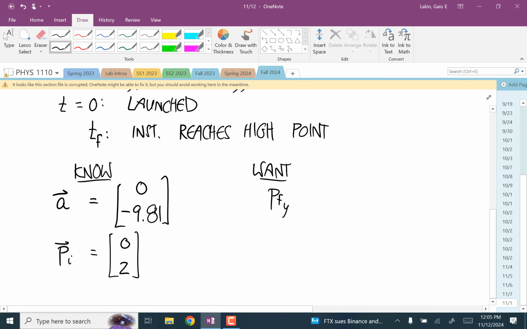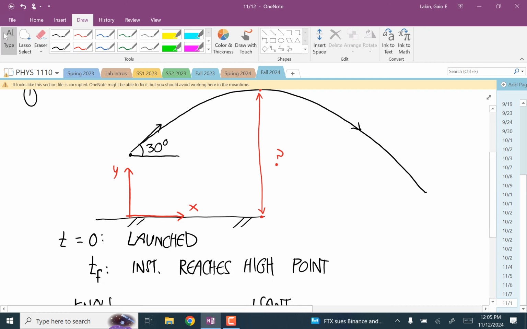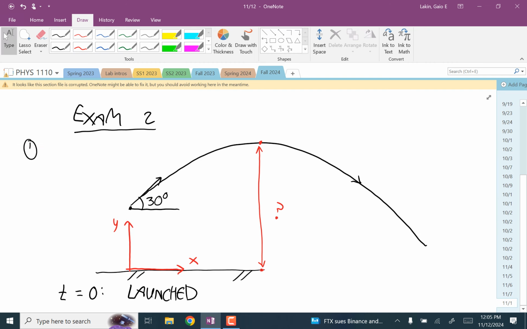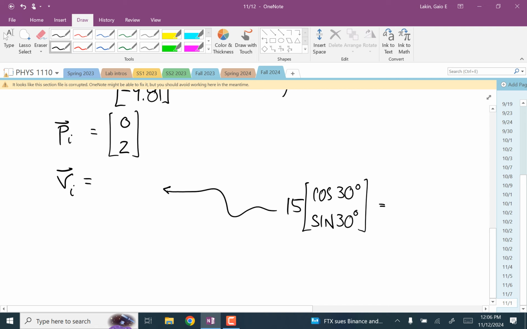We don't know anything about PFX. For the initial velocity, we're going to use that 30-degree angle. We're also given that the speed here is 15 meters per second. So to get this initial velocity, we do 15 times the cosine and sine of 30 degrees, and that comes out to be 12.99, 7.5.